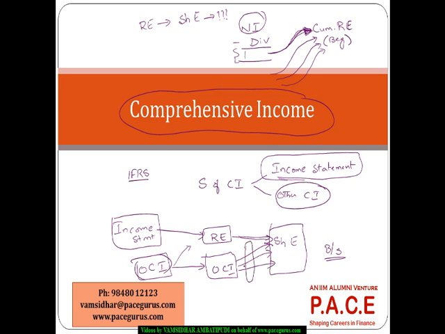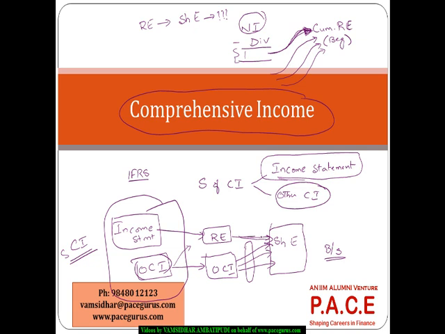So we need to understand what all those things are that go as a part of the other comprehensive income, because that is resulting in an overall change in the shareholders equity situation. The statement of comprehensive income is a combination of these two.